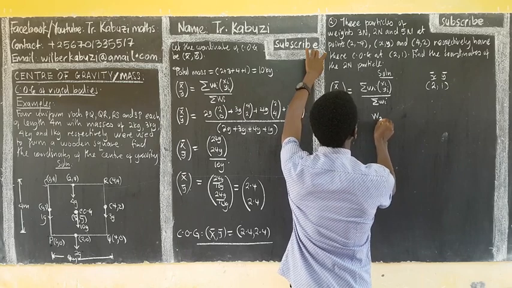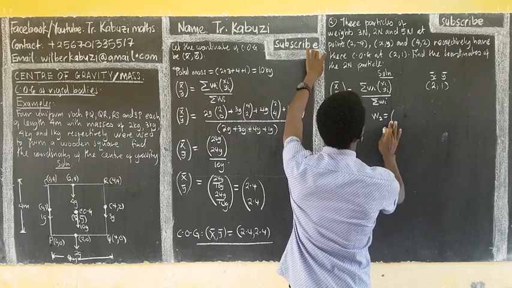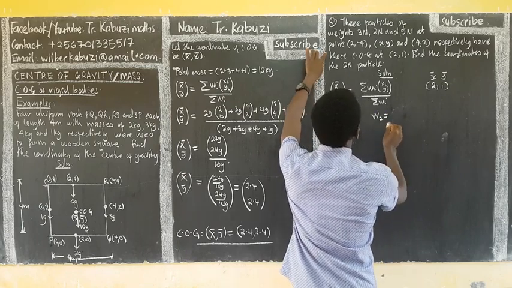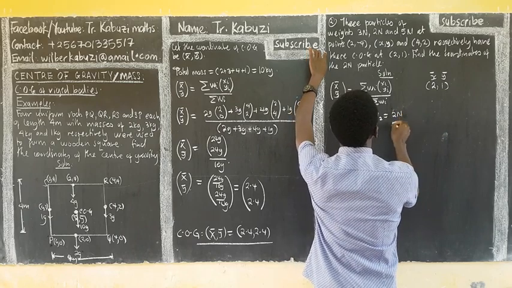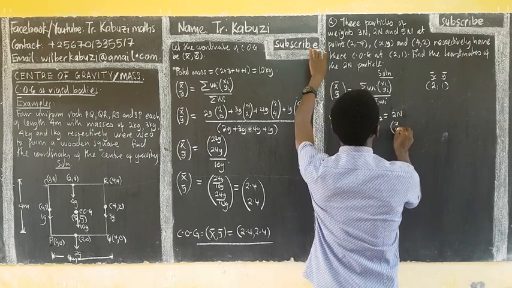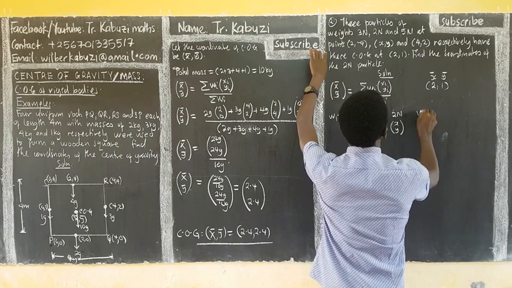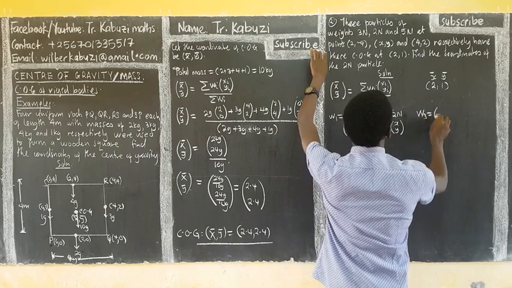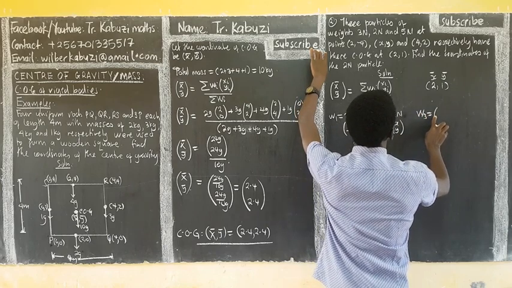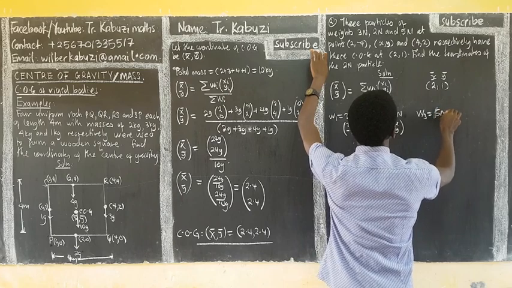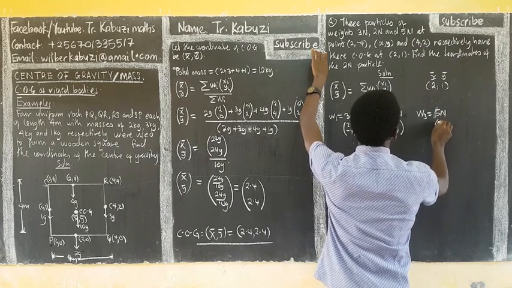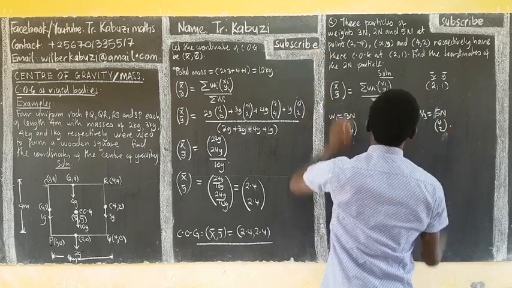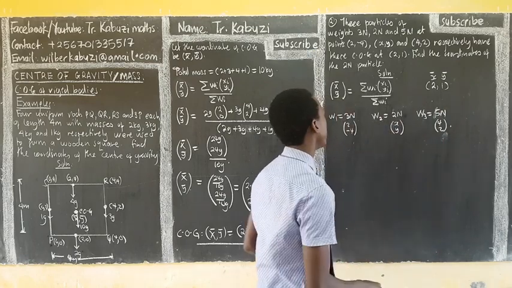The second weight is 2 Newtons, at a point which we don't know, x, y. Then the third weight is 5 Newtons at a point 4, 2. So we have everything.